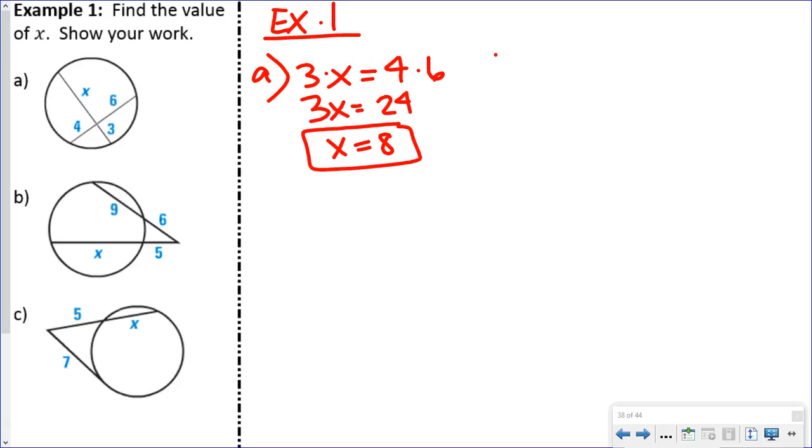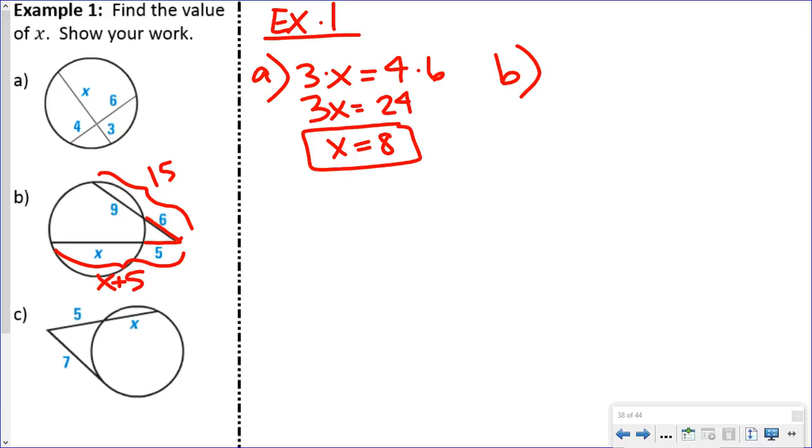Okay. All right, on part B. So remember, this is where we take the outside piece times the whole piece. So what's this whole piece going to be? 9 plus 6, which is 15. And that's going to equal this outside piece times this whole piece, which what would this whole piece be?